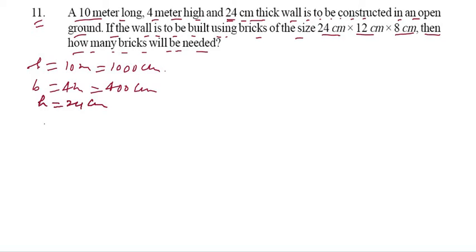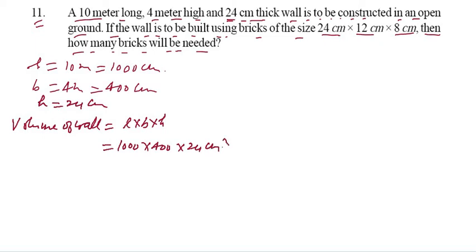And now here, volume of wall, we can find here volume of wall is equal to L into B into H. So you can write here, it is 1000 into 400 into 24 centimeter cube.